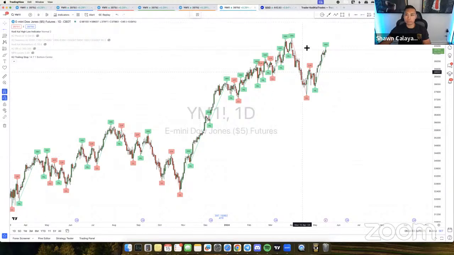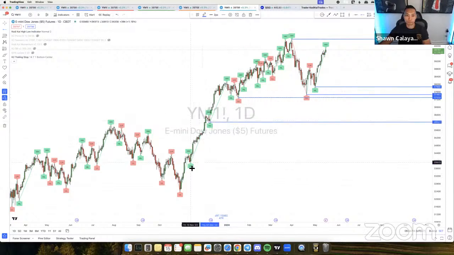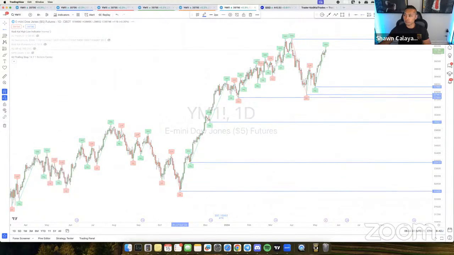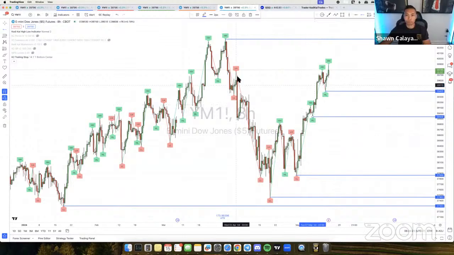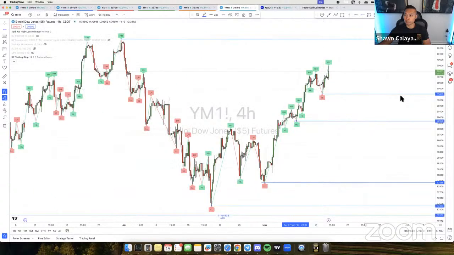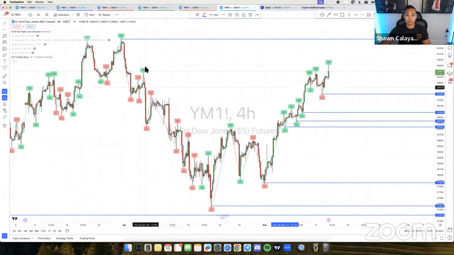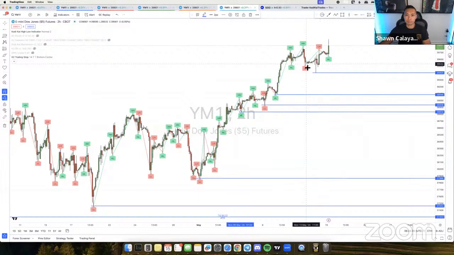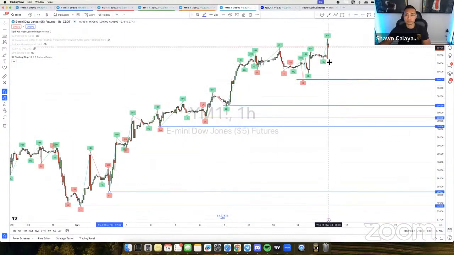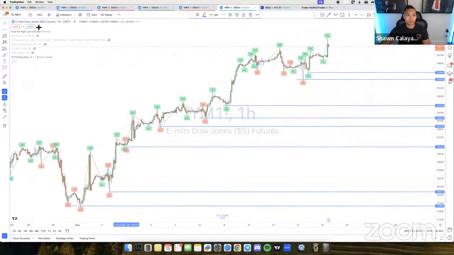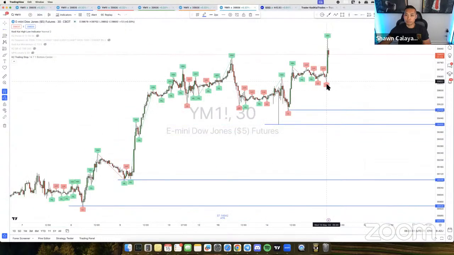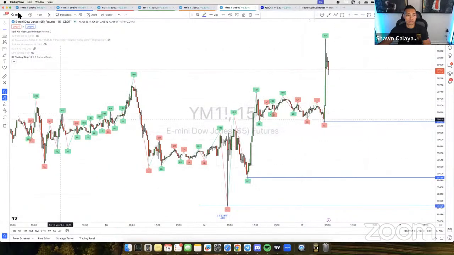As people join in, I'm going to go ahead and start marking up liquidity over here. All right, going down to the 8 hour, down to the 4 hour, down to the 2 hour, down to the 1 hour, sorry, 30 minute, down to the 15, down to the 10.